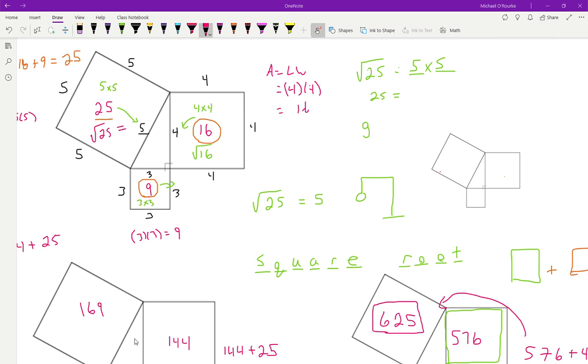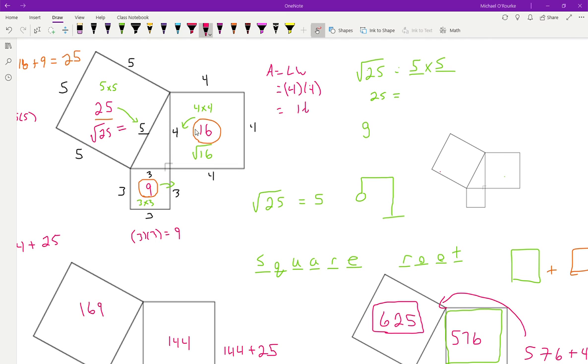So if I get out my calculator, I'll do it here. To find your square root on the calculator, you press 25, then this button right here, where it says square root. And once you tap it, it'll turn into 5. Just like 16, square root 4.